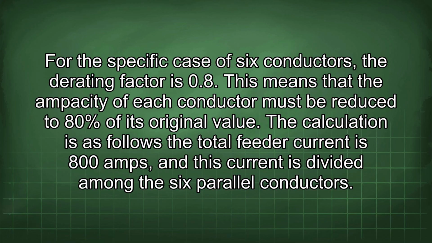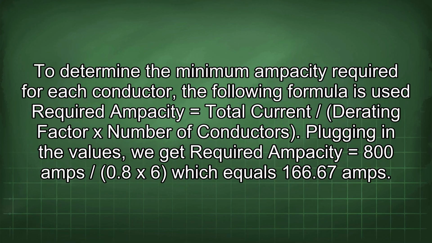The calculation is as follows: the total feeder current is 800 amps, and this current is divided among the 6 parallel conductors. To determine the minimum ampacity required for each conductor, the following formula is used: required ampacity equals total current / derating factor x number of conductors.